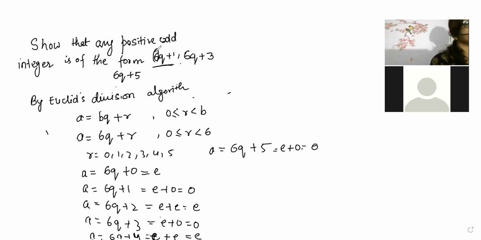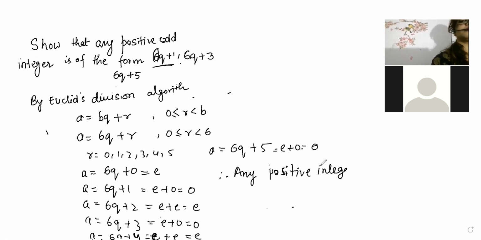Tell me quickly, beta. The last statement: hence any positive odd integer is of the form 6q plus 1, 6q plus 3, 6q plus 5. If you do not write this last statement, you will lose 1 mark.